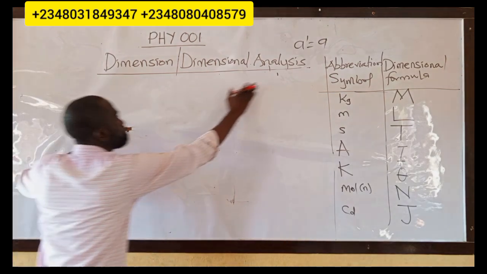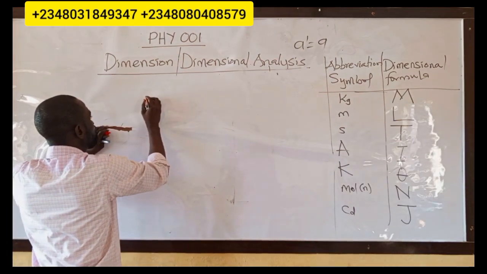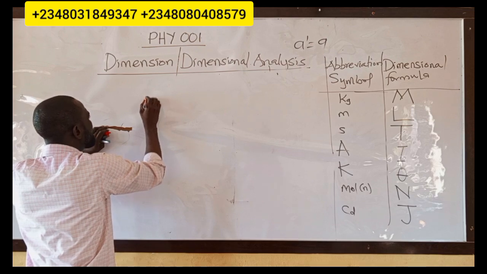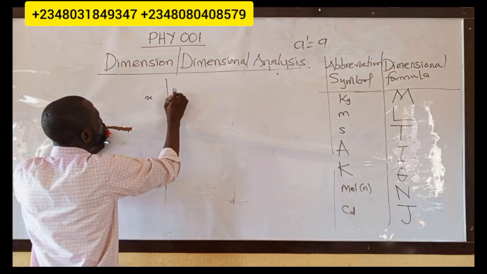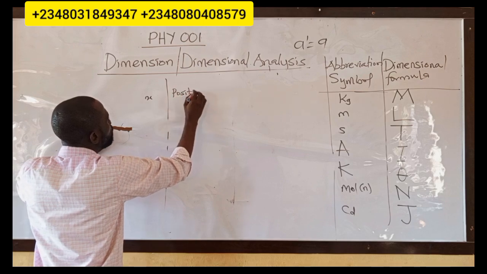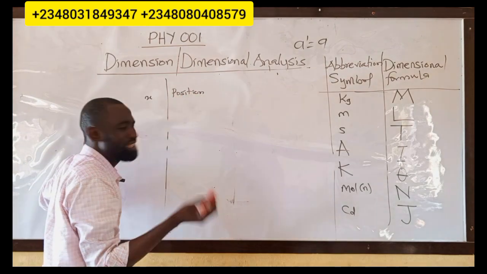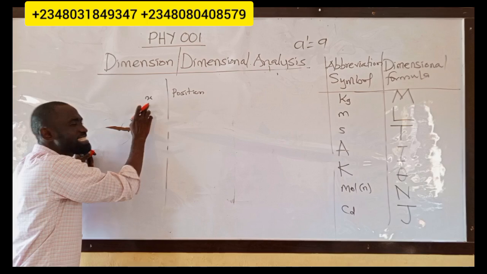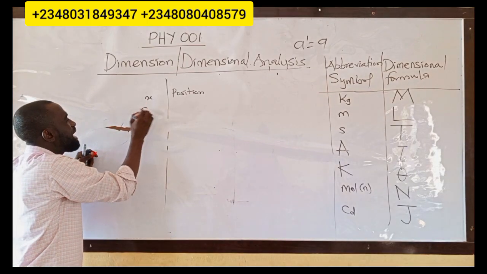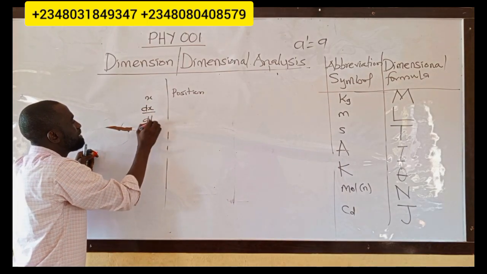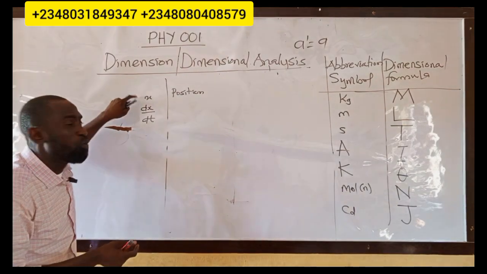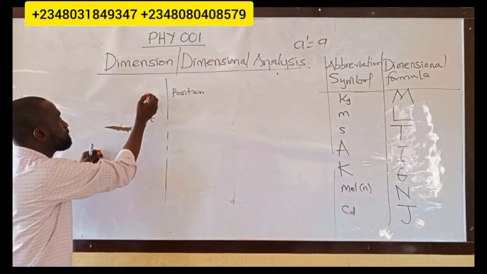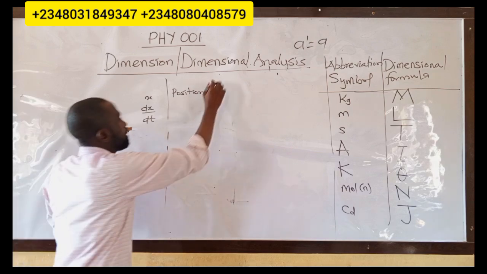So I have position. If I have S like this, S means position or distance. Now, if I differentiate this, dx over dt is the first derivative of position.